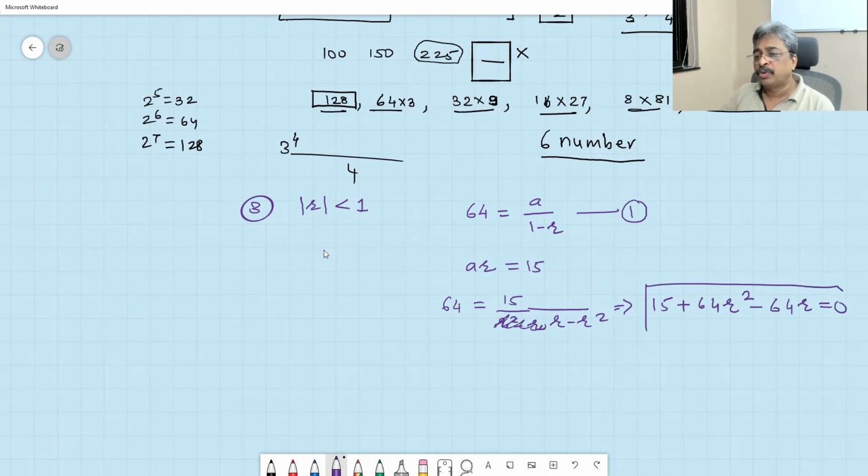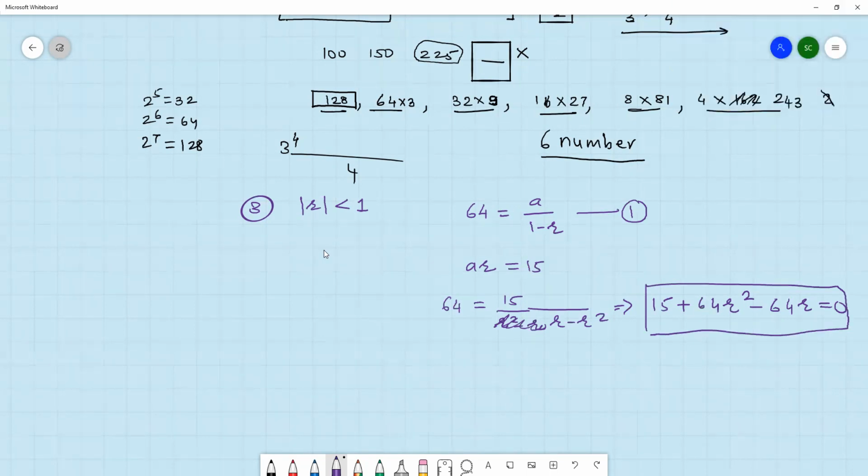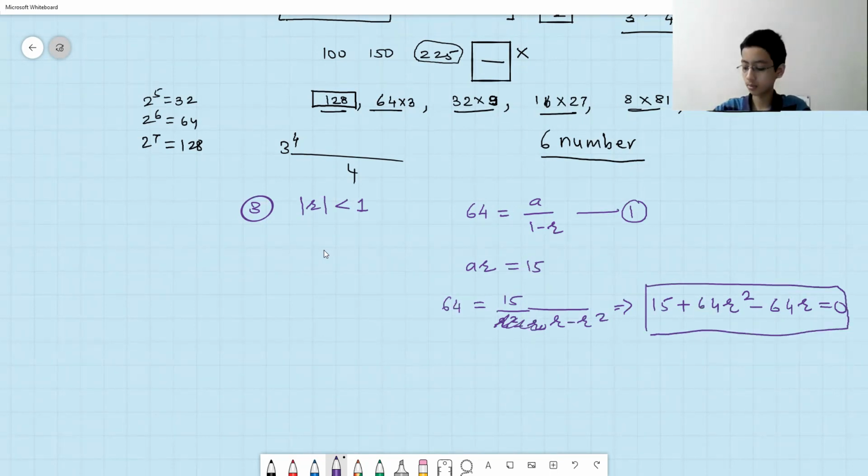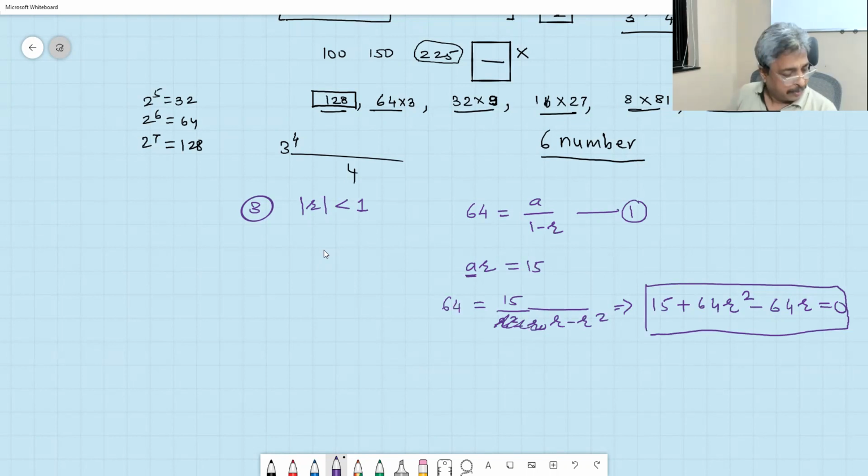This should give you two common ratios, R. And if you get R, you should get A. And therefore, you should write A R raised to 9, that is what you are supposed to report. Obviously, because there are two R's, you will get two T10s. That is question number 3.